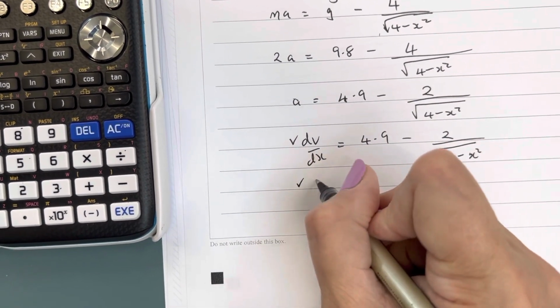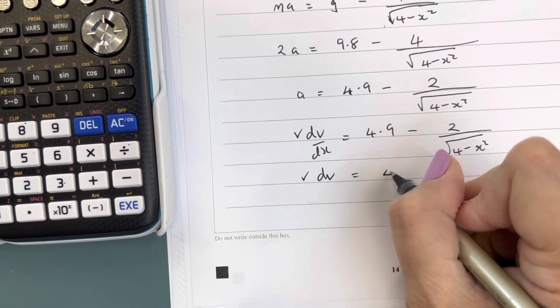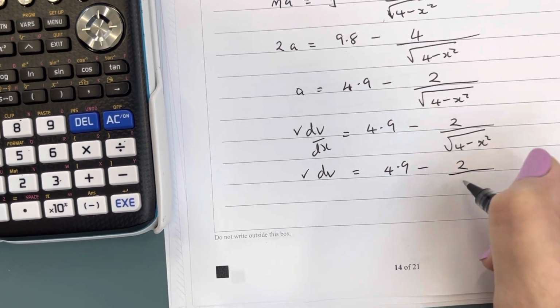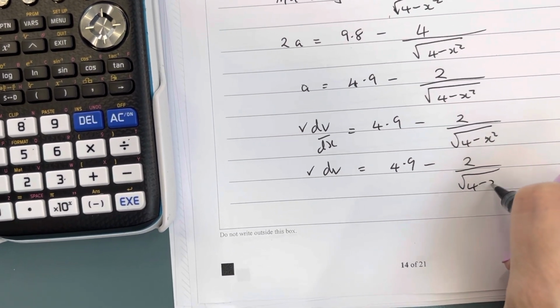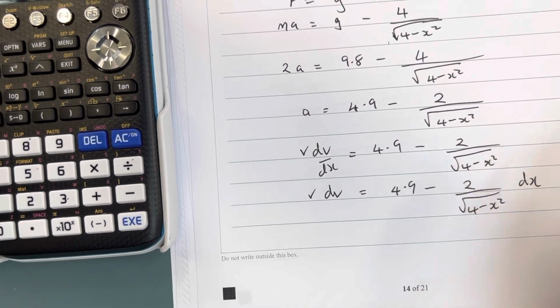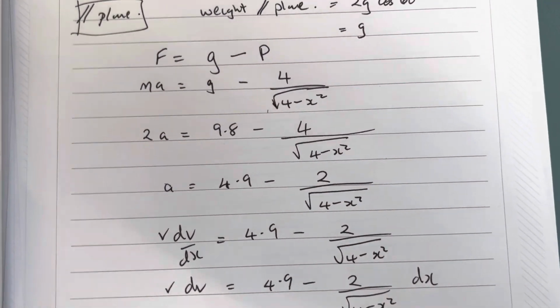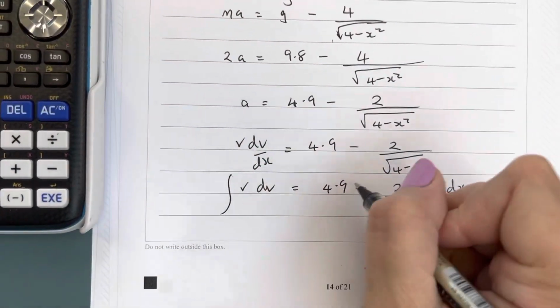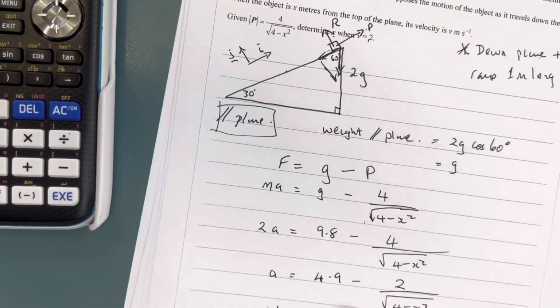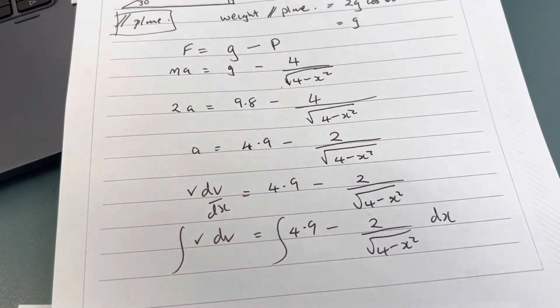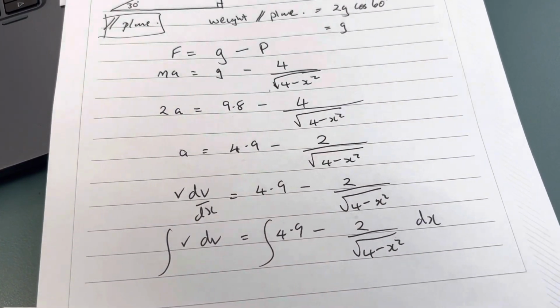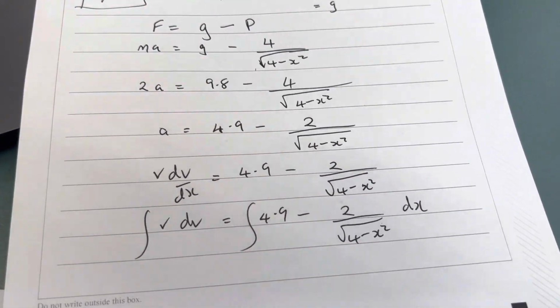So then I have v dv is 4.9, take 2 over square root of 4 take x squared, dx. And I'm going to integrate both of those. This is quite a long question.